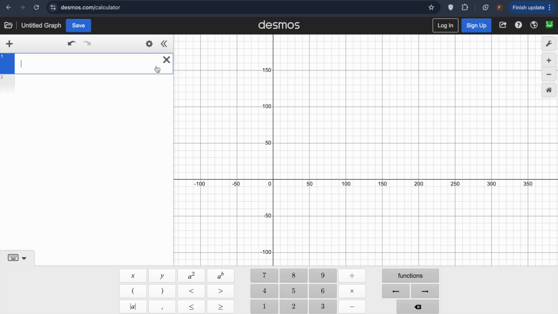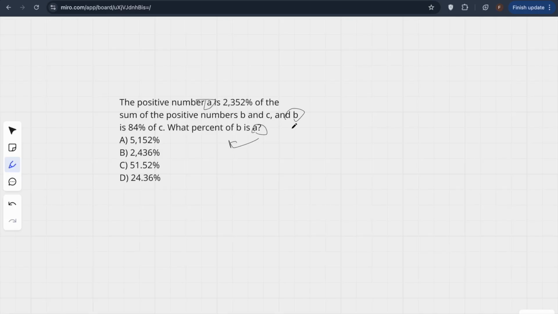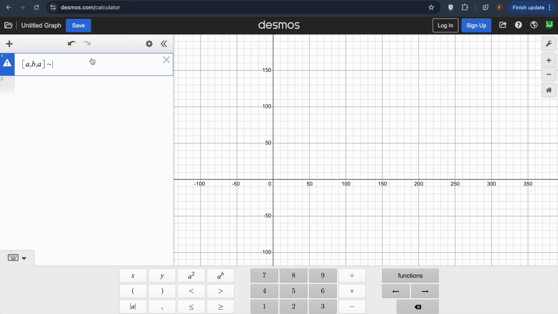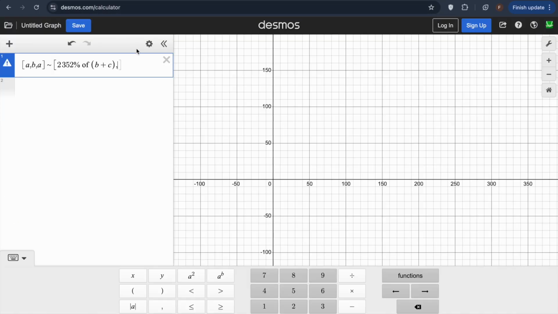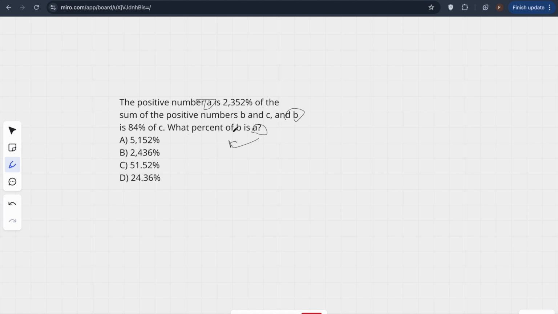So let's just plug all that information into Desmos. So we have A, B, A, B, A. And then that thing must be equal to 2352 percentage of the sum B plus C. Then the number B must be equal to 84 percentage of C. And then what percentage of B is A?